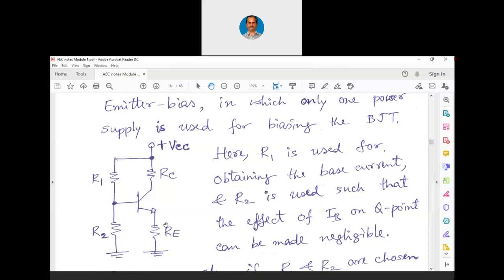The voltage across RE is nothing but the voltage at the base minus the base to emitter junction potential. So we can say that if VBB is constant, VE remains constant. If VE remains constant, IE remains constant. If IE remains constant, IC remains constant. That way, this particular circuit is independent of temperature also, independent of IB also, independent of beta also.